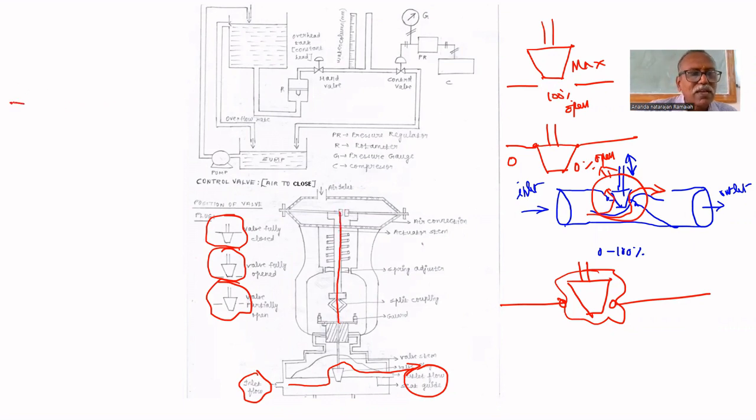If you see that, it will be very confusing for you. That's why I'll draw the simplest diagram here. This is the stem, the plug is here.